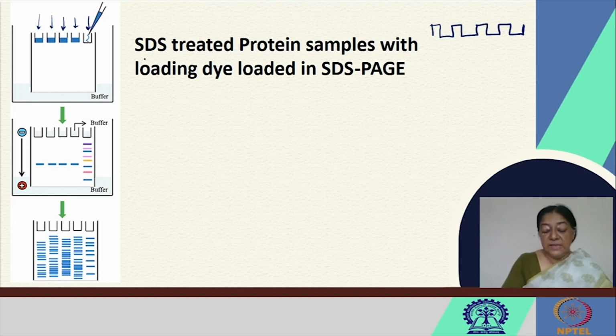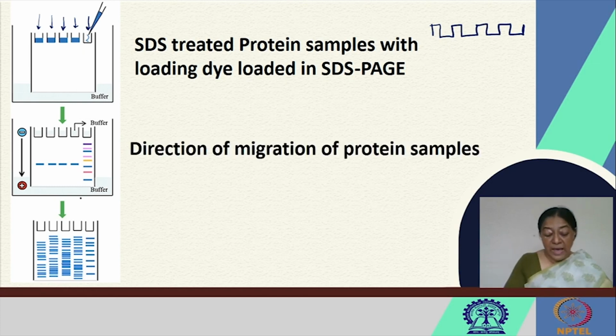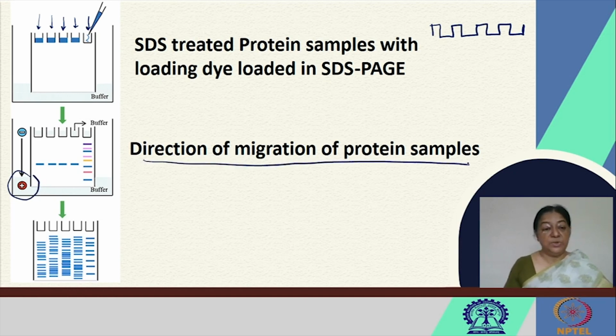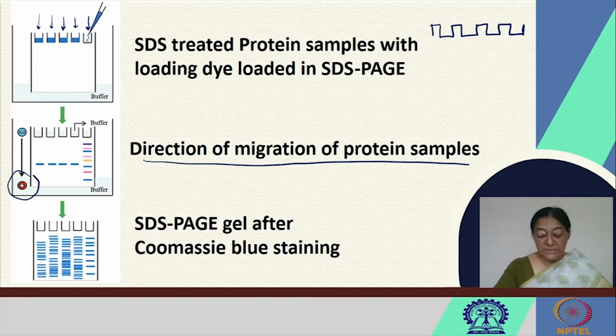Since all of them are negatively charged, we have a direction of migration of the protein samples. And after we stain the gel with Coomassie blue, a standard staining technique, we will have blue bands where the proteins lie in our gel.